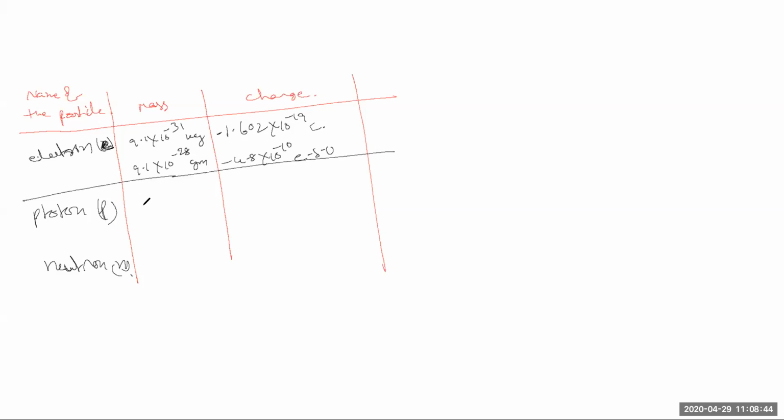What is the mass of the proton? Mass of the proton is 1.67, in kg. Or the proton mass is 1.678 into 10 power minus 27 kg.